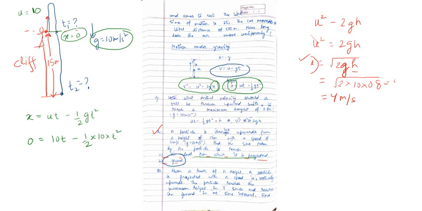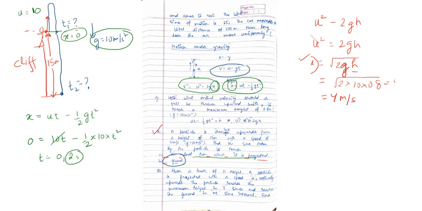On solving this equation, we would get t equal to 0. We put t equal to 0, then this equation is satisfied, and when t is equal to 2 seconds, then also this equation is satisfied. So that means at t equal to 2 seconds, the particle would go up and come down. How t equal to 2 seconds?